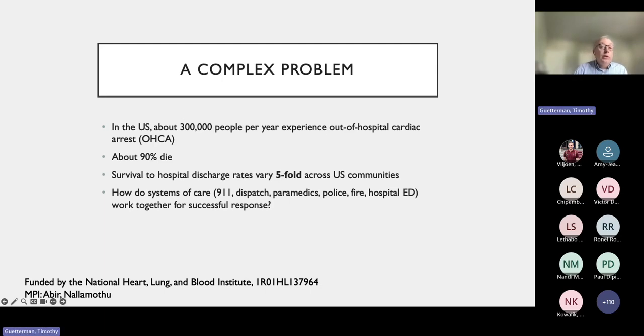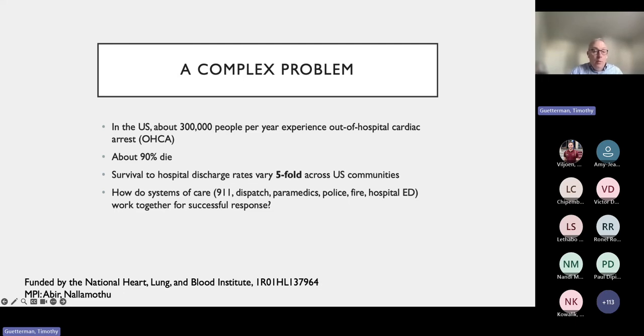Now, what's really concerning about that, obviously that alone is concerning, but there is a large variation in survival rates across US communities. So if we look at how likely someone is to survive the cardiac arrest, go to the hospital, and then discharge alive, of course, the survival can vary 5 times across US communities.